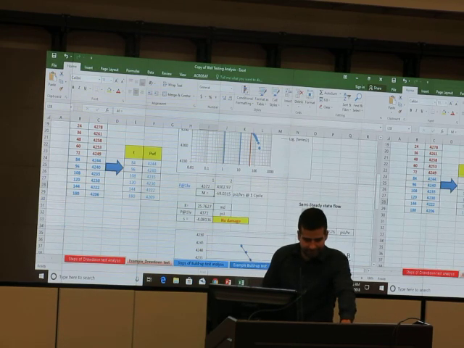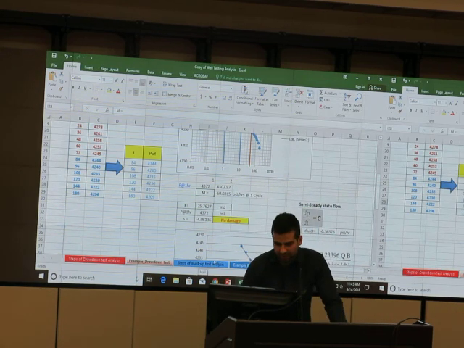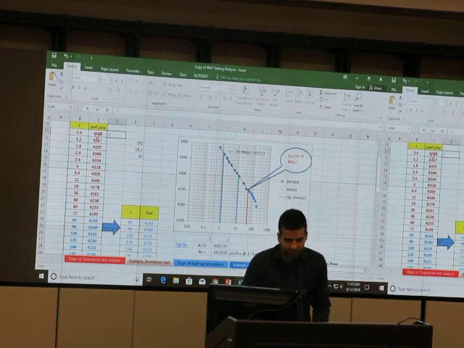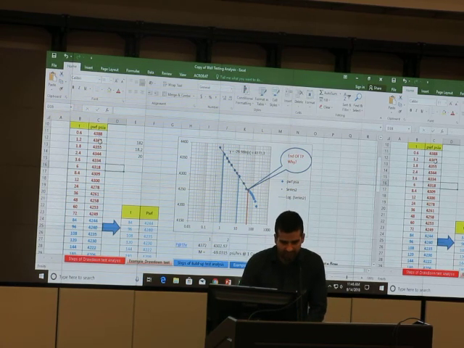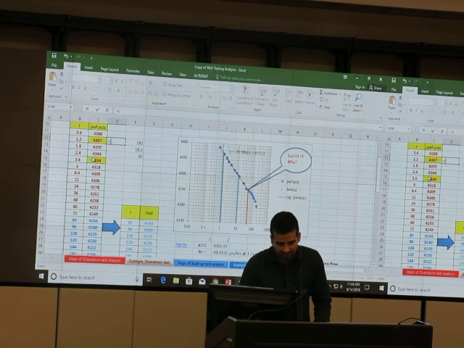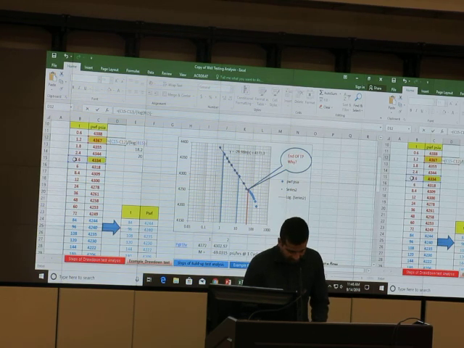Let me go here. Let's do it between this point and this one; let me just highlight it. We're going to have this value minus this value, divided by log of 3.6 minus log of 1.2.